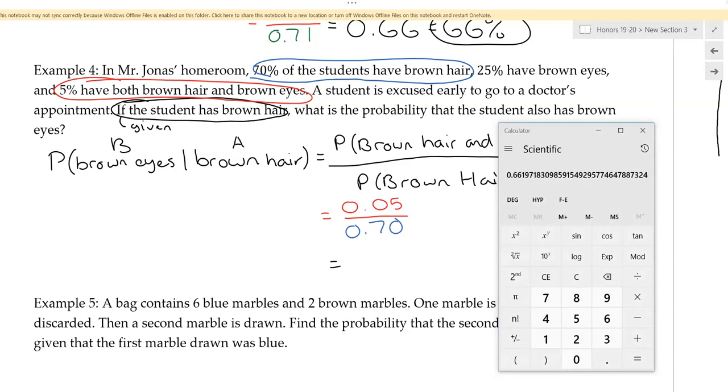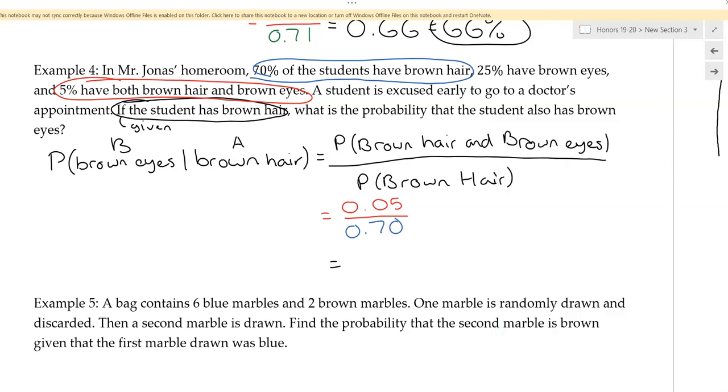So that's 0.05 divided by 0.7. We get 0.71, which is 71%. Again, our question gives us probabilities in percent, so we'll put our answer as a percent.